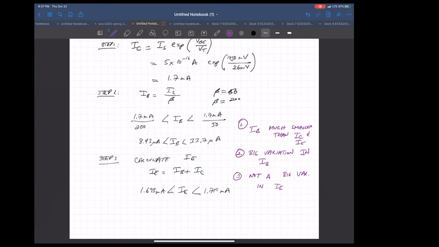Okay, if not, maybe I will. Professor, yes, I did have a question. Sure, go ahead. So for the current in the emitter, it was 1.7 milliamps, the lower end, plus 8.43 microamps, right? Lower end.